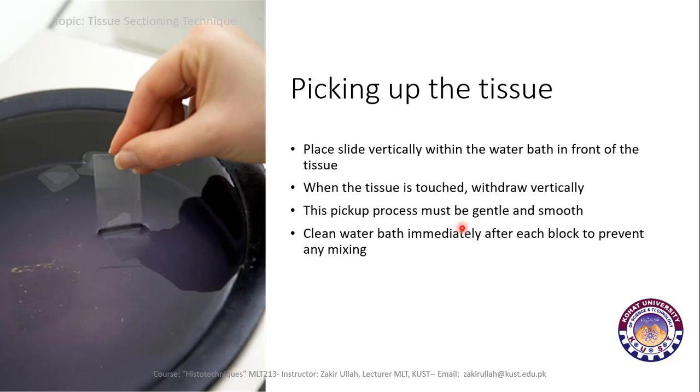Clean the water bath immediately after each block, so that the remnants, the pieces of the previous tissue, do not get on the next tissue and are not intermixed with the previous tissue.